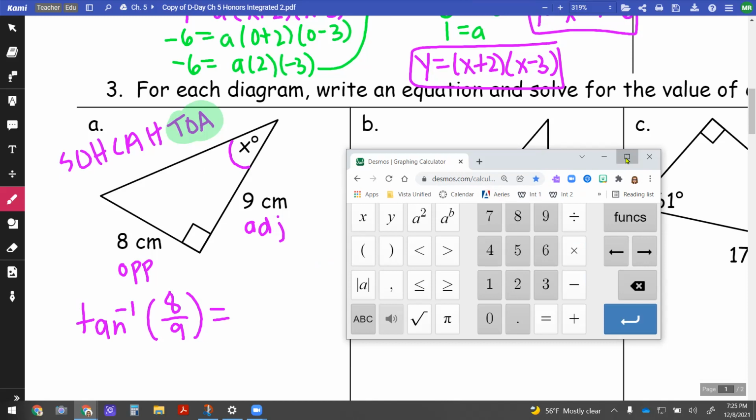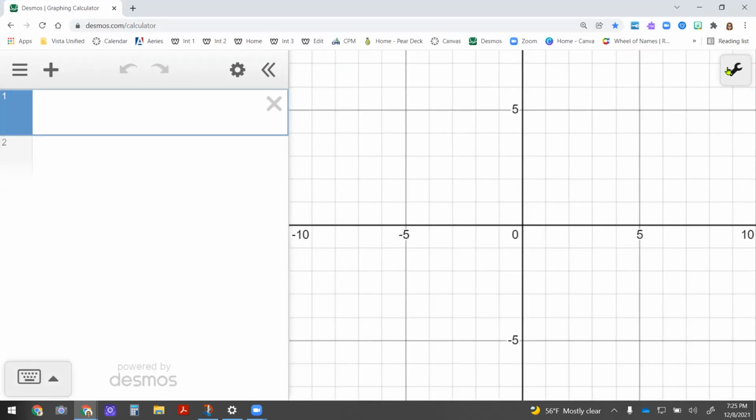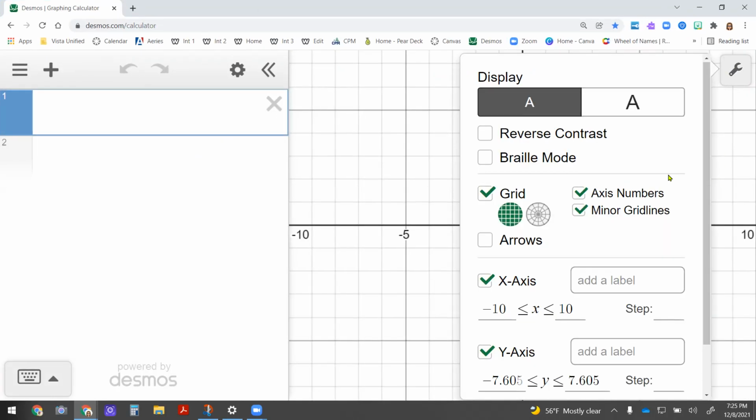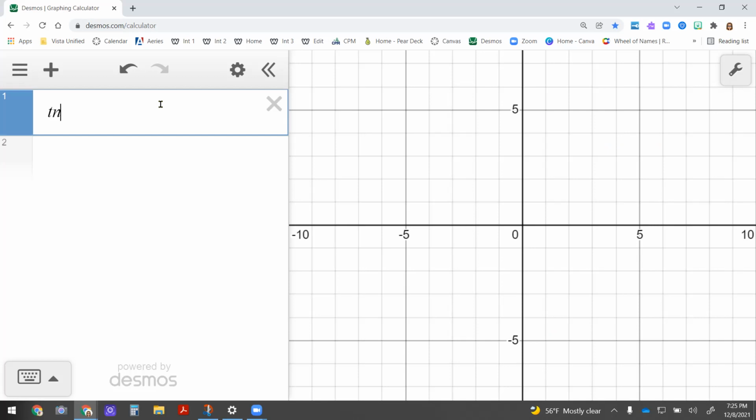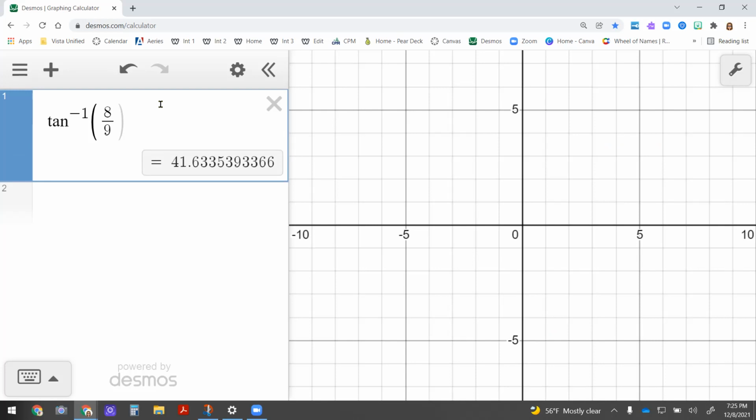Okay. Now, if I'm doing it on Desmos, I'm going to come here to the wrench, and I want to come down here and make sure it's in degrees. Okay. And then I can do tan inverse of 8/9. And you can see it's 41.63 degrees.